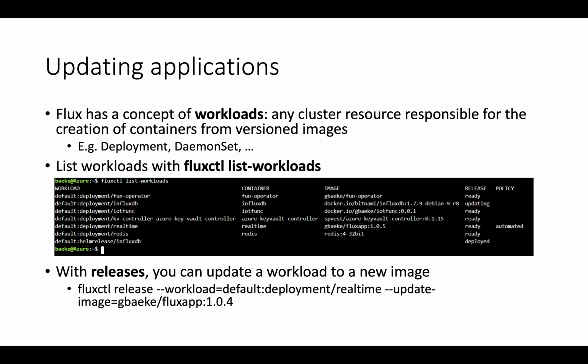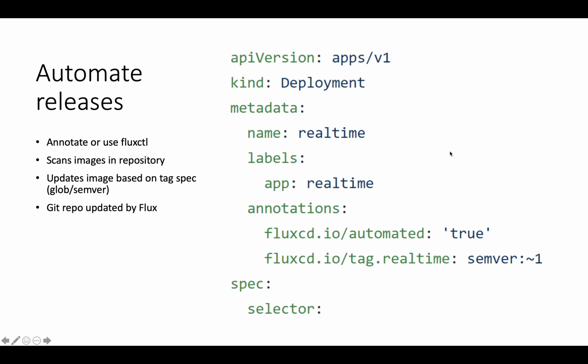You specify the workload, and then you specify the new image that you'd like to use in that application. That's fine, but if you want to do this in an automated way, you can set that in the YAML files. And you've seen that earlier when I said you see something already in the annotations. When you annotate your deployment, for instance, or your daemon set, it doesn't really matter, with these annotations.